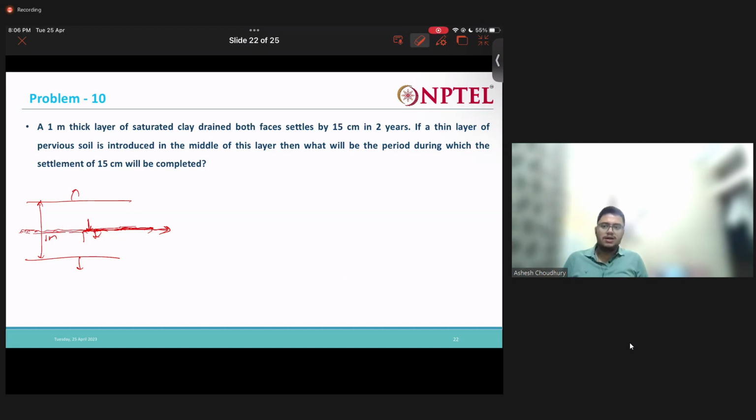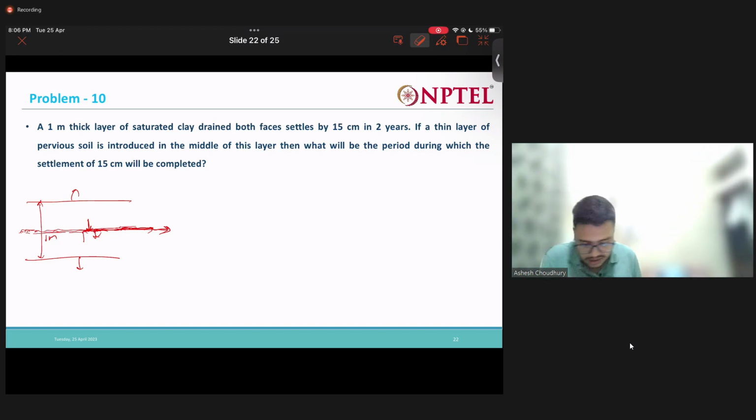Then we saw the 1D consolidation test, how to do that test. Then at the end, we saw the relation between time and consolidation using the time factor. All these things were derived from the one dimensional consolidation theory.